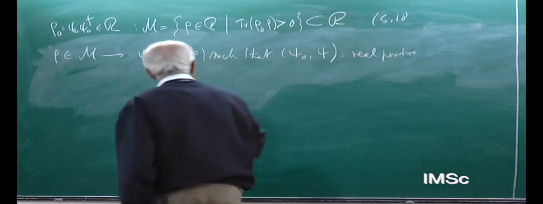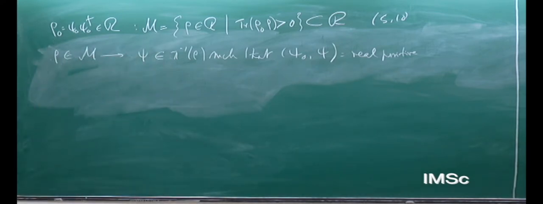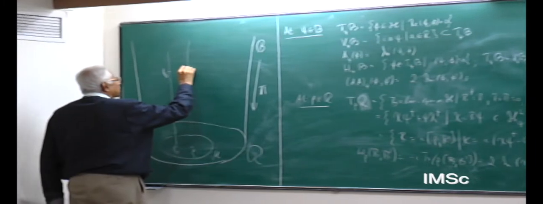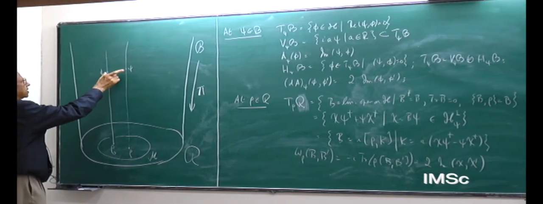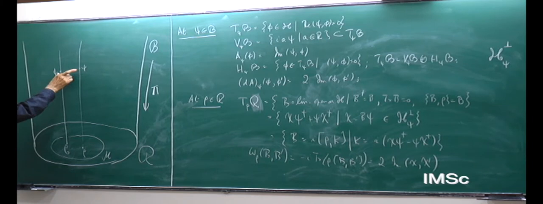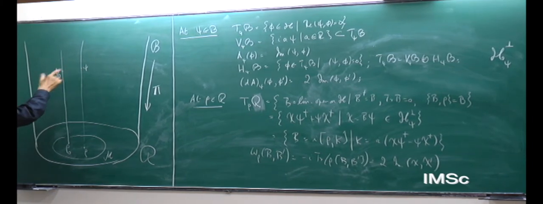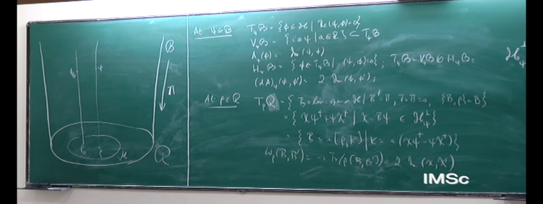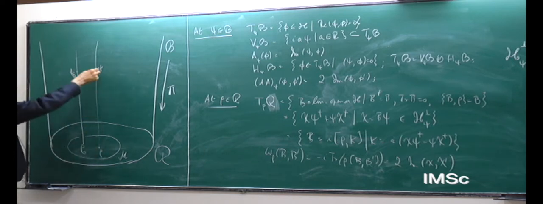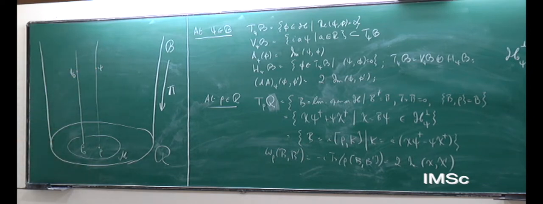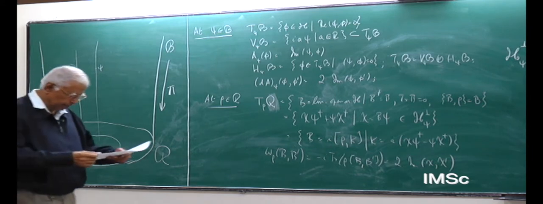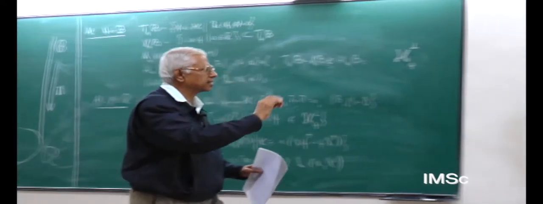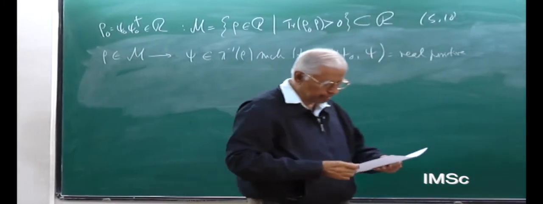Pick psi to represent each rho in this neighborhood by arranging that this scalar product has no phase, and that means that it is real positive, which means in the language we used already, psi 0 is chosen once and for all in this construction. For each other point rho, choose some psi in phase with psi 0 in the Pancharatnam sense. Okay? All right. So this is clear. So this is the meaning of this choice of psi.